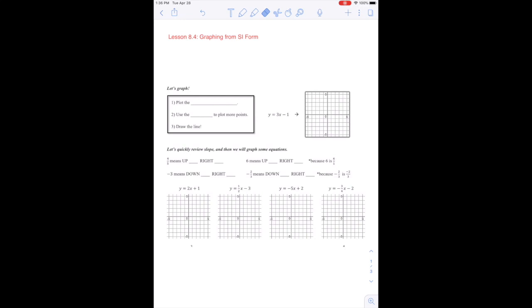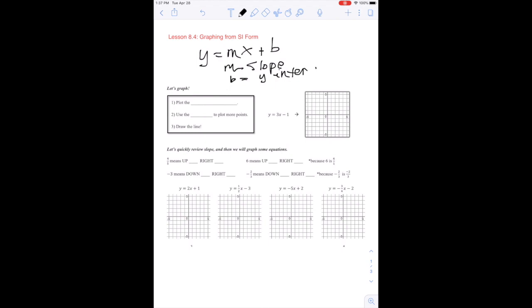I think a reminder would be in order that the form of an equation in slope-intercept form is y equals mx plus b, where m represents the slope and b equals the y-intercept.